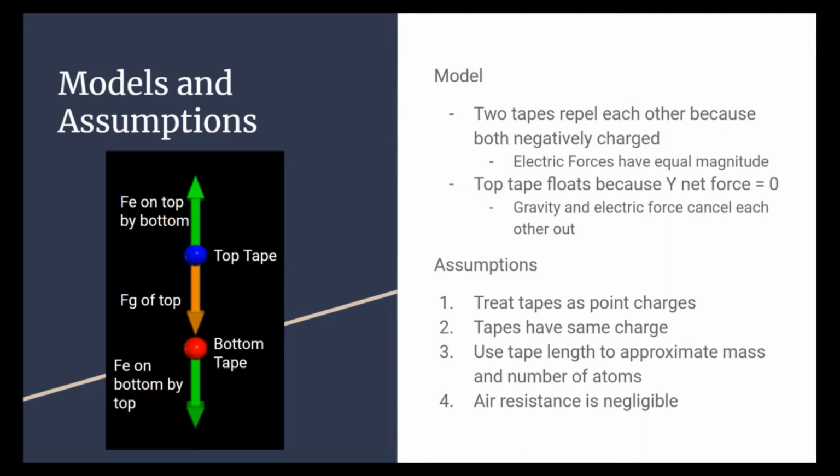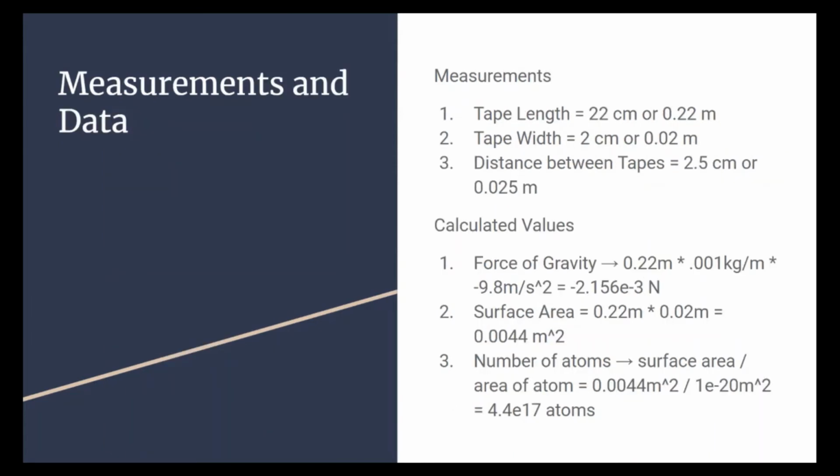For calculations, we need to treat these two tapes as point charges and assume that the tapes have the same charge. Next, we use the tape length to approximate the mass as well as the number of atoms, and assume that air resistance is negligible. After completing the lab, we gathered some measurements: the tape length, the tape width, and the distance we noticed between the tapes.